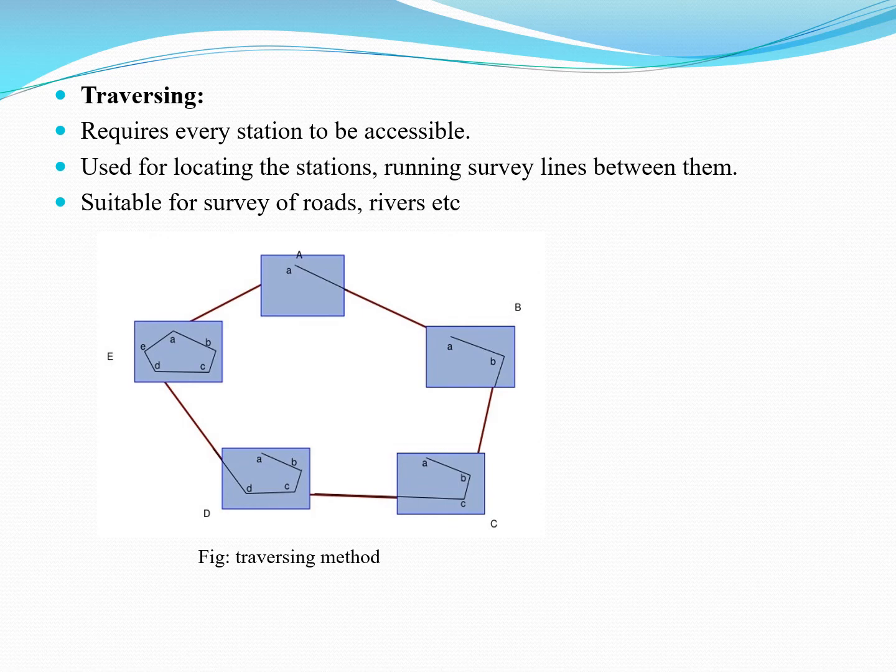Suppose it is required to connect the traverse stations A, B, C, D, E. The plane table is set up over point A. All the arrangements are done as per the setting of the plane table. The drawing sheet is placed over the leveled table.